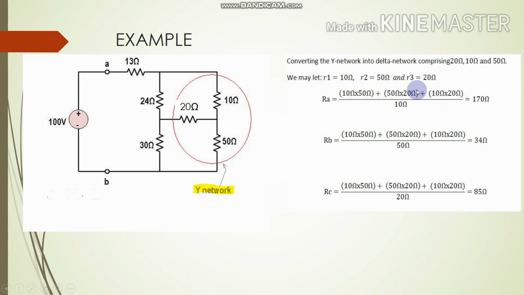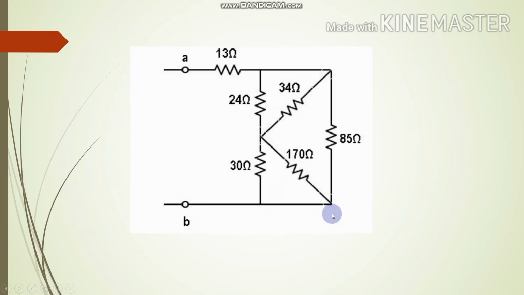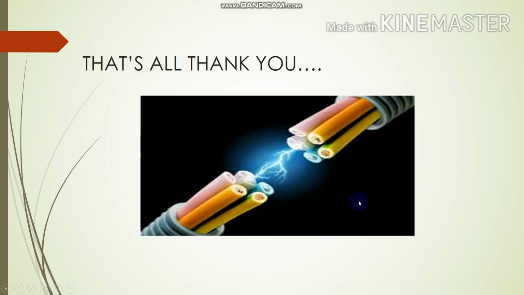By using the formula, we get RA 170 ohm, RB 34 ohm, and RC 85 ohm. The final answer becomes like this, the delta circuit, the triangle shape. That's all. Thank you.